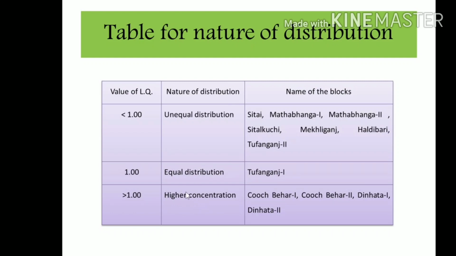On the basis of the location quotient value, you have to put the names of the blocks for showing the nature of distribution of population.